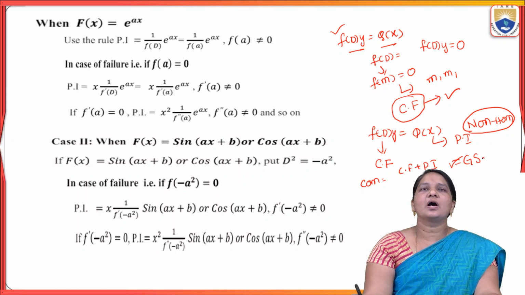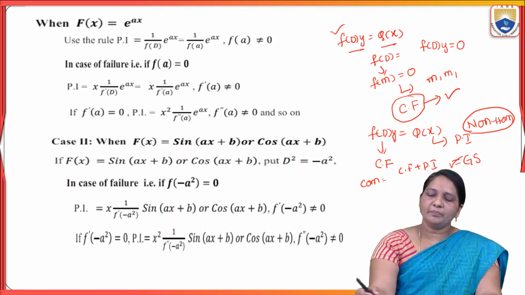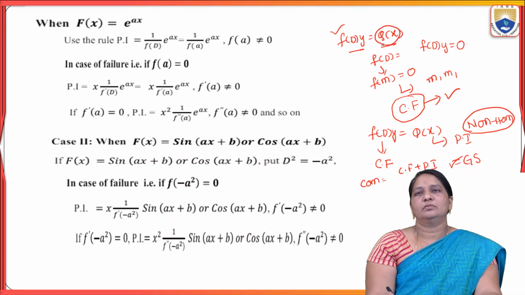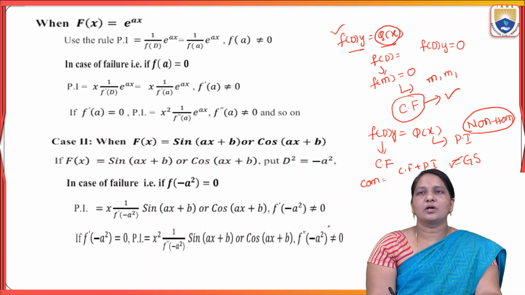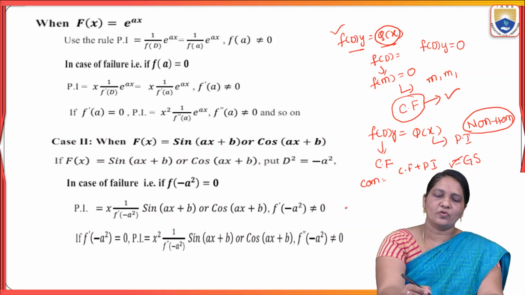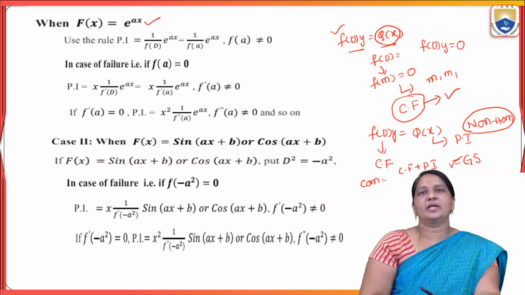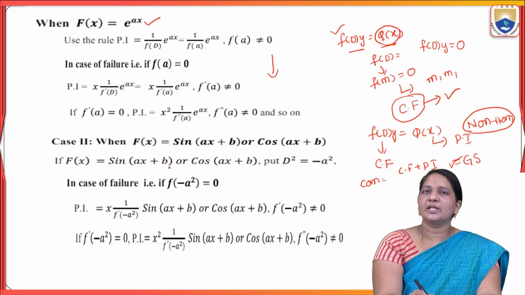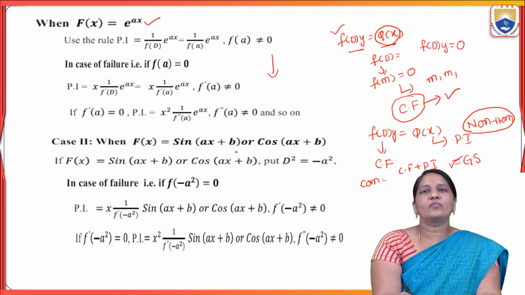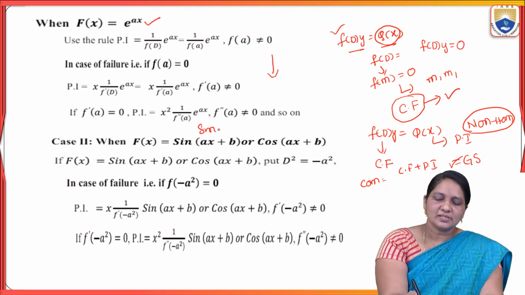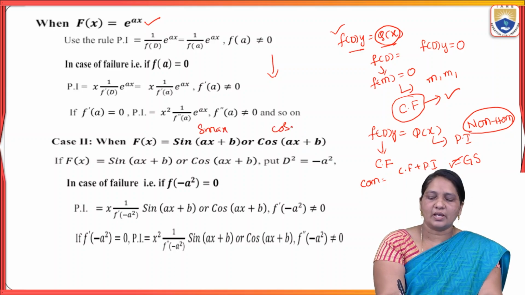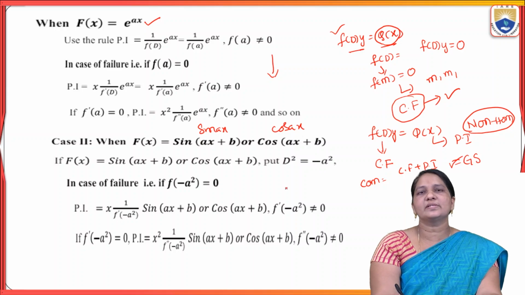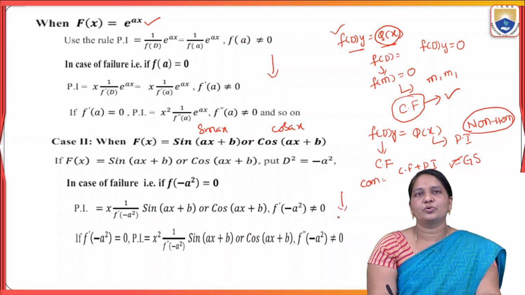For this we have some formulas in place of Q of x. That means if it is a non-homogeneous equation, in place of Q of x, if you have e power ax, what formulas are we going to use? If it is sin of ax plus b or cos of ax plus b, otherwise sin ax or cos ax, what formulas are we going to use?